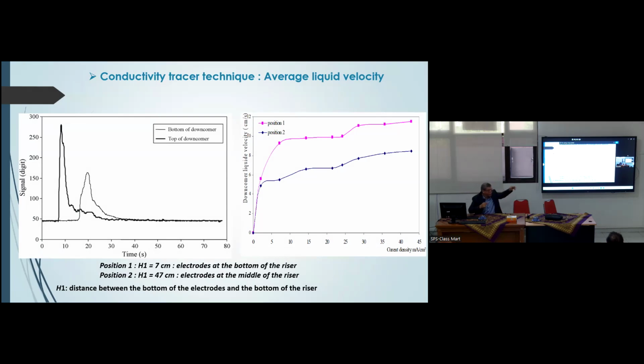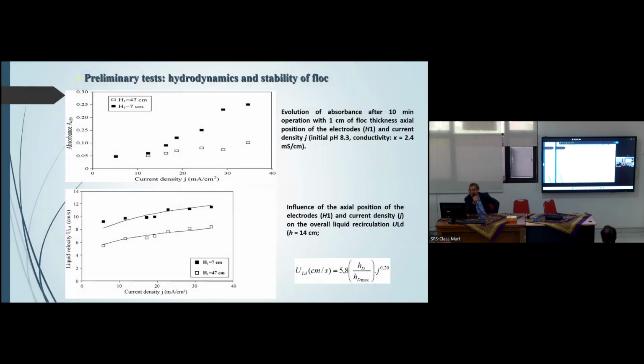And we have two positions of electrode, a lower position and a middle position. For position one, for example, we have a greater velocity, okay? And we have this versus the intensity of the current. You have this measurement, and we have the limit, okay?